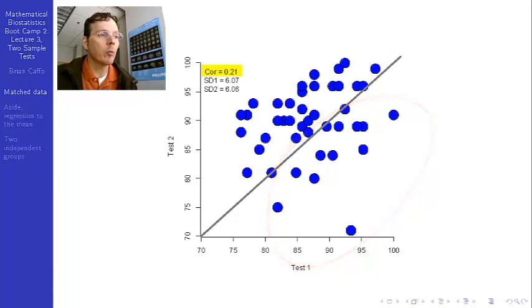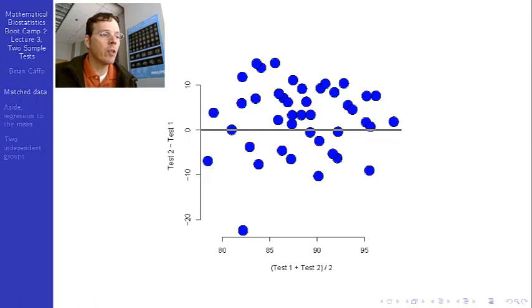The correlation was 0.21, and the standard deviation for test 1 was 6, and for test 2 was 6 also. And the sample mean for test 1 was 87, and for test 2 was 90.